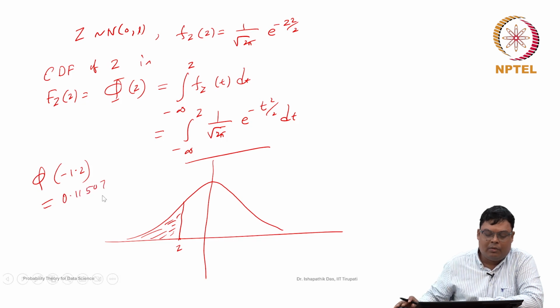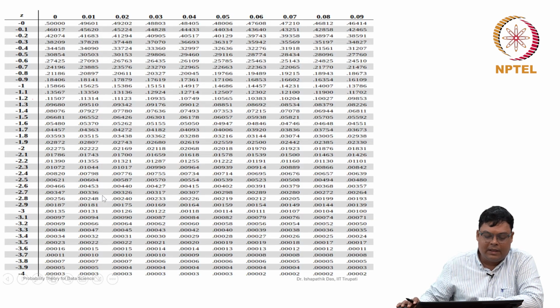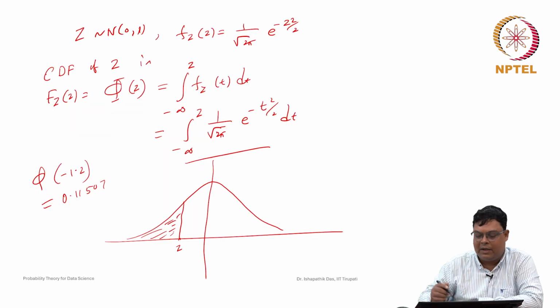In this way, all these negative values are given, because by symmetry, suppose z is here, then this probability will be the same as for minus z, where z is positive.